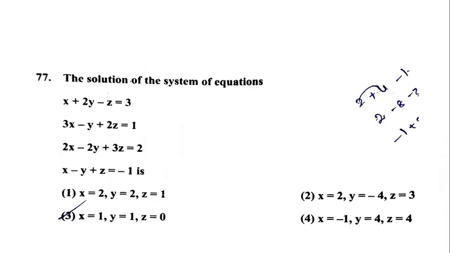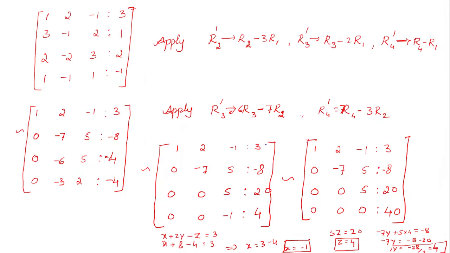Next, the solution of the system of equations. The given system of equations: x plus 2y minus z is equal to 3. Just write down the augmented matrix [A|B], this is matrix A, this is matrix B. The augmented matrix for this is here.